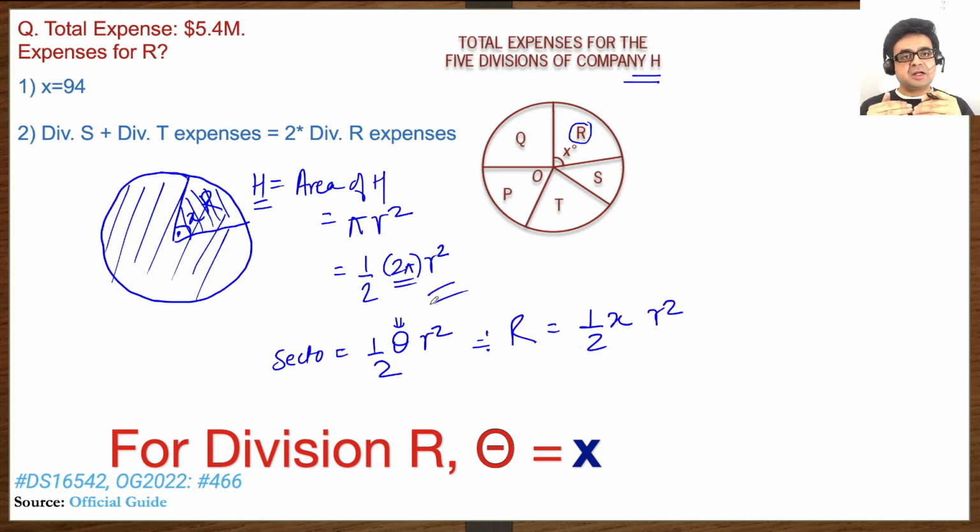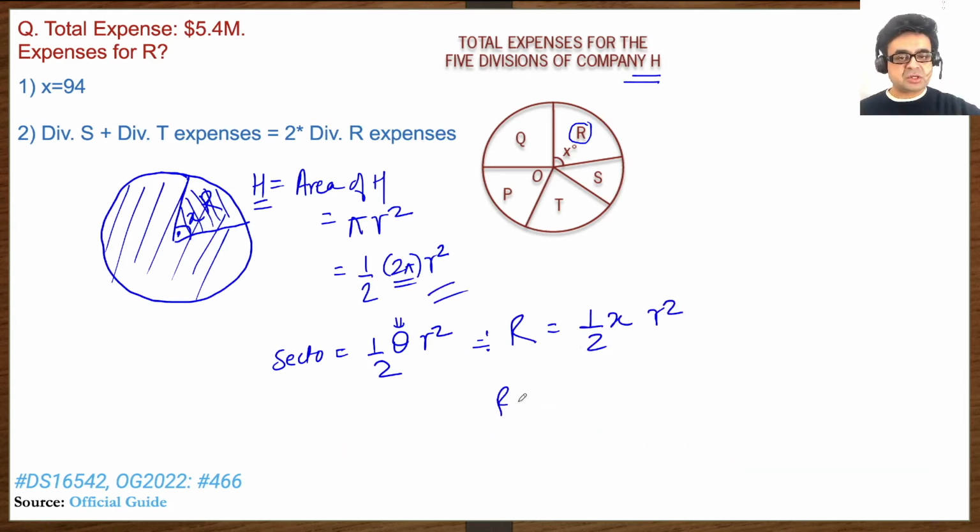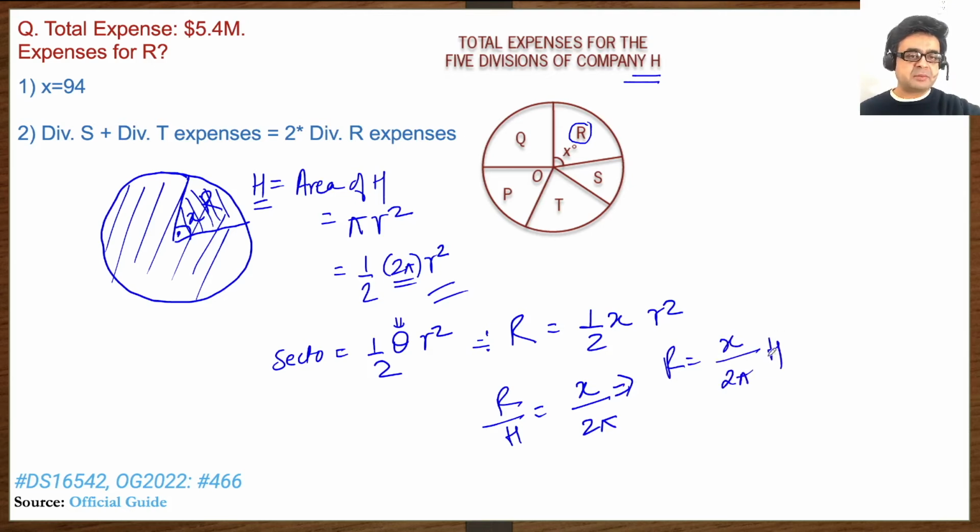Now the ratio of expenses of division R to H would be equal to the ratio of the areas of R and H. And when you divide R by H, you get x divided by 2 pi. So the portion of expenses for R is determined by nothing else but only the central angle of R. This is what it means. So R is equal to x by 2 pi multiplied by H, x being the central angle of R.